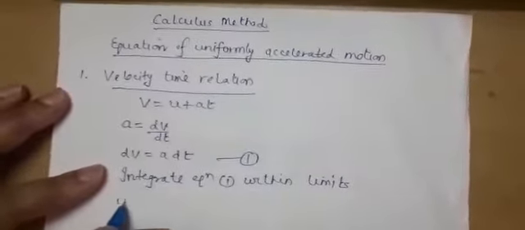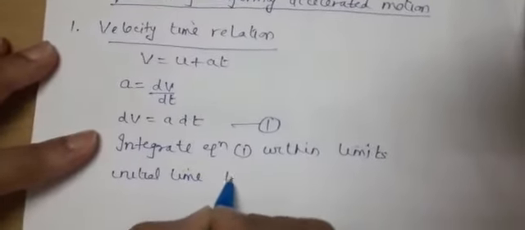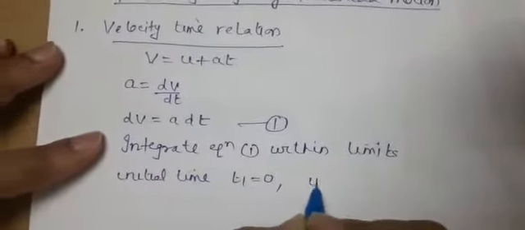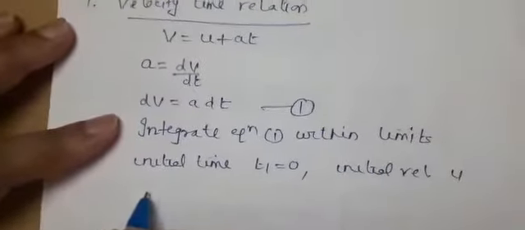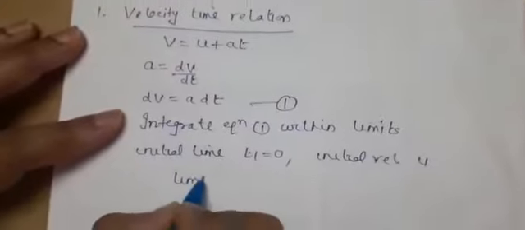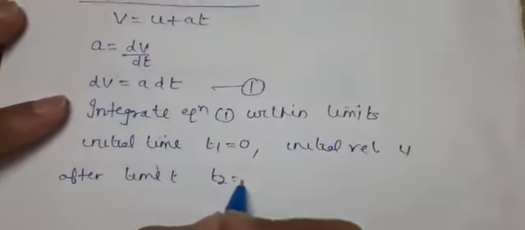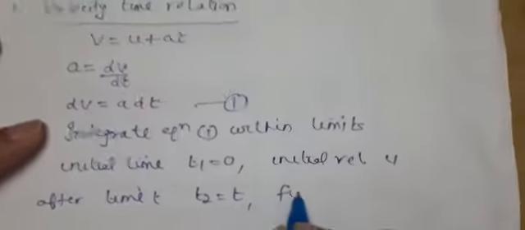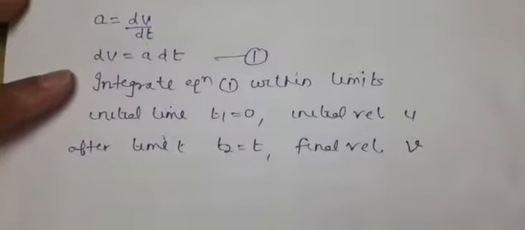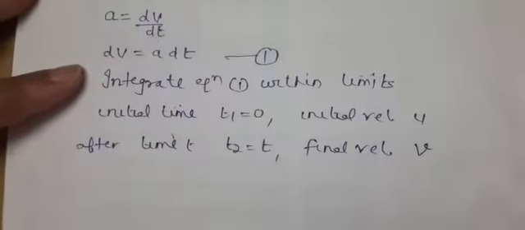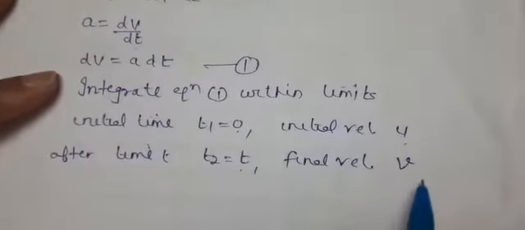If we are taking at initial time, that is a starting time t1 is 0 and initial velocity is u, and after time t, that is final time t2 will be t, and final velocity attained by the body, that is v. So here limit of integration for time is 0 to t and for velocity is u to v.